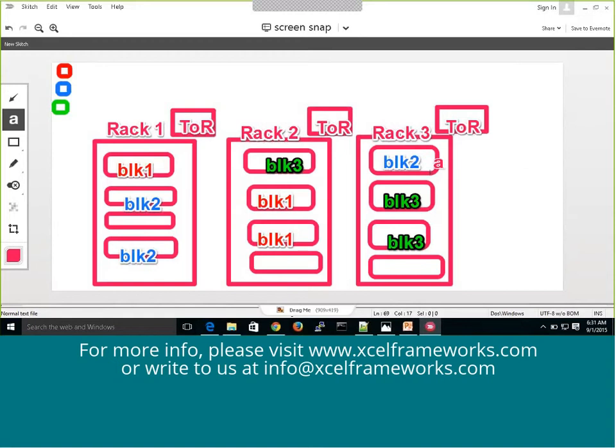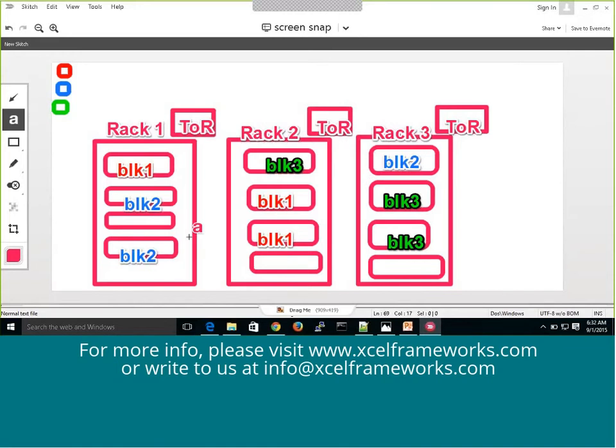The name node will assume that all the nodes in the cluster are in a default rack. So as an administrator, if you tell where each server is residing, the name node will make sure it adheres to the rack awareness topology.